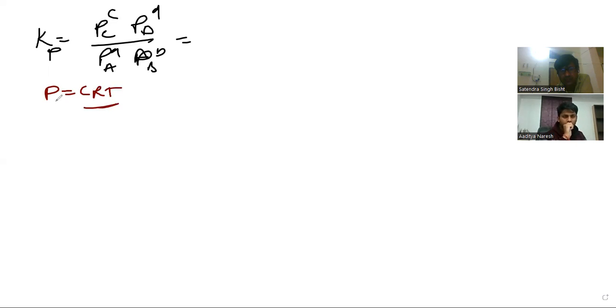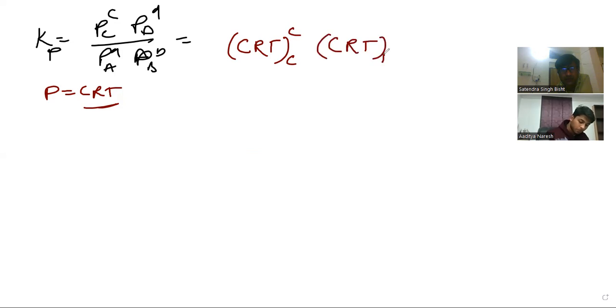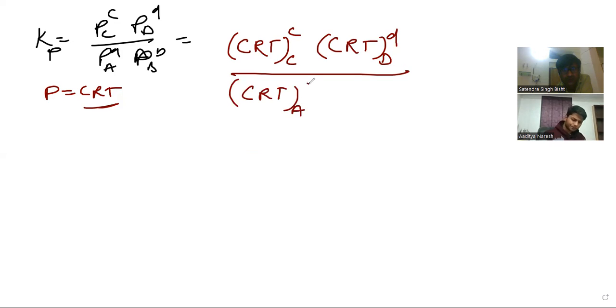Then what will be the changes? CRT for C, again CRT for D, CRT for A, and CRT for B. Is it clear or not?